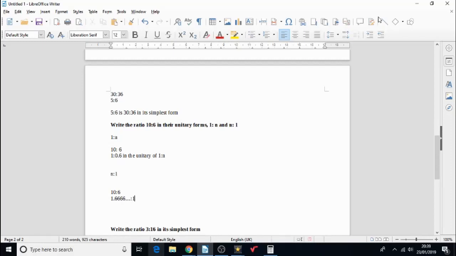Instead of doing recurring, just do it to 2 decimal places, 1.67, and make sure you put in brackets 2dp to represent decimal places. So 1.67 to 1, and that is 10 to 6 in the unitary form of n to 1.